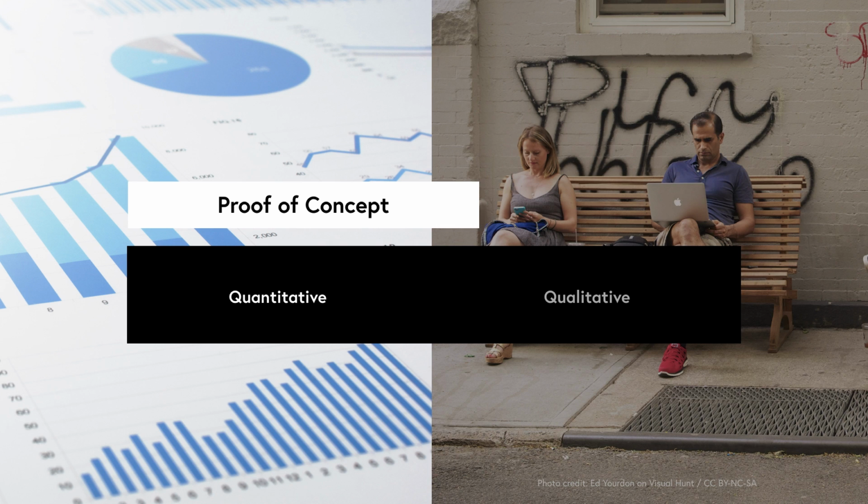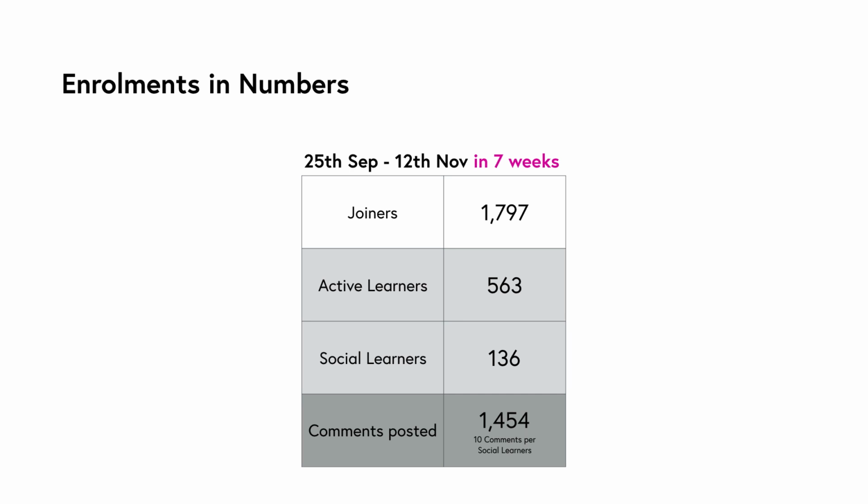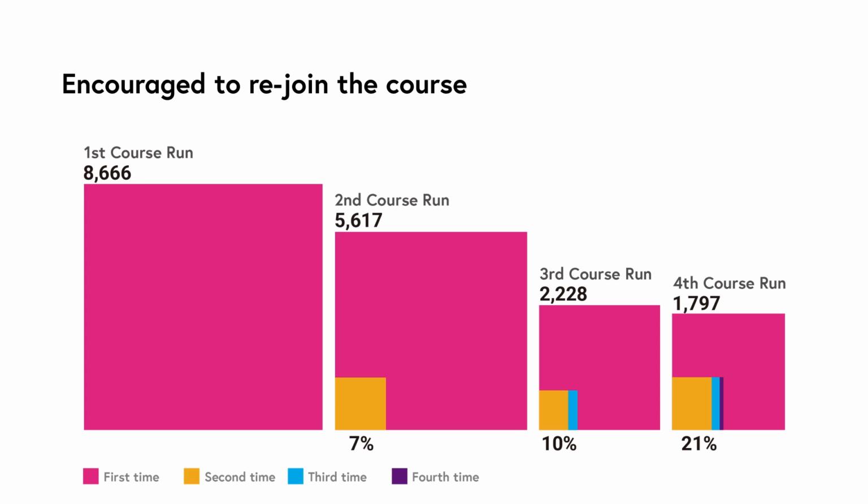First, in quantitative data, as for the enrollments in numbers, although all numbers are decreasing from the first, second, and third run, the relative number of returnees has increased. Returnees are defined as those learners who registered for at least one past course run. And as shown in this slide, the fourth course run showed 21% of returnees from the past course runs.